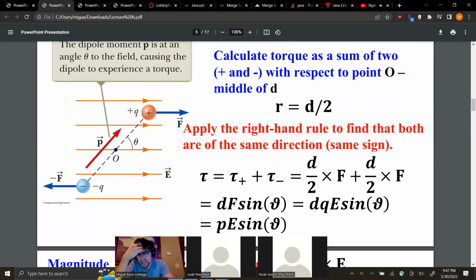Apply the right-hand rule to find that both are of the same direction, same sign. Torque equals torque positive plus torque negative, so that's going to be the distance divided by 2 times the force plus the distance divided by 2 times the force again.